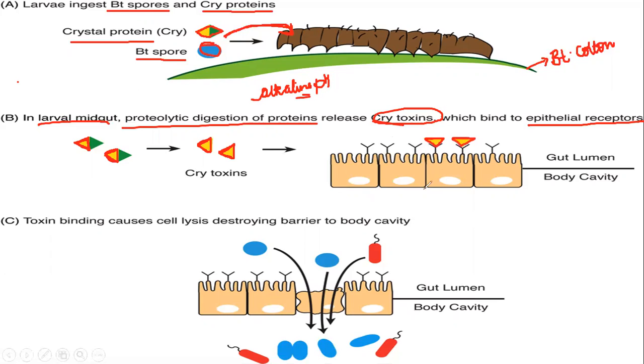So this binds with the epithelial receptor binding sites, and what happens is this toxin binding causes cell lysis due to osmotic cell lysis, destroying the barrier to the body cavity. So this is the gut of the body cavity, and this causes the entry of all other microbes.